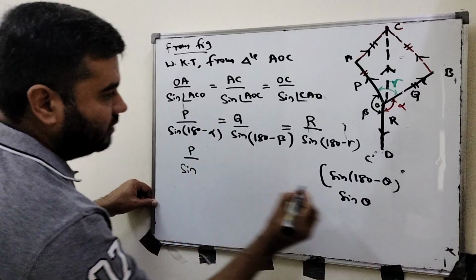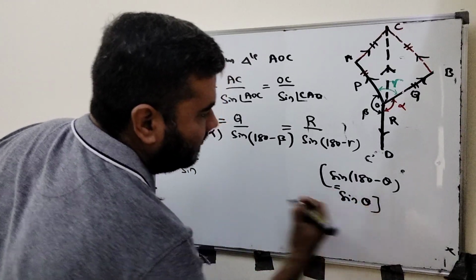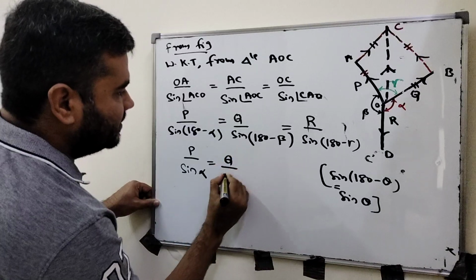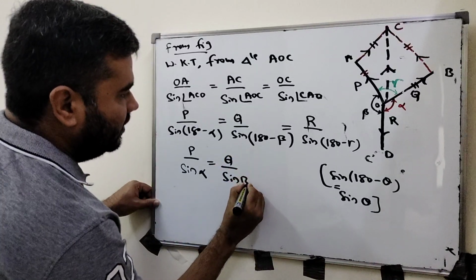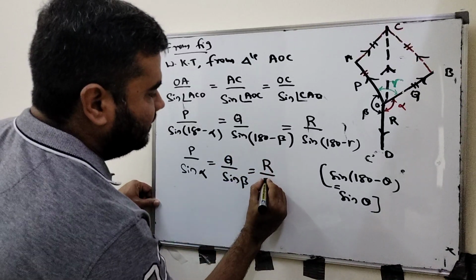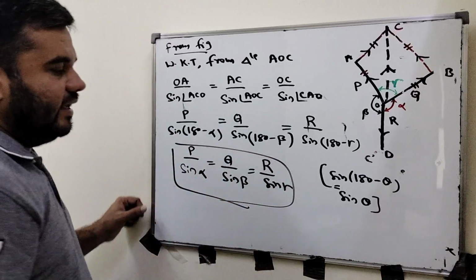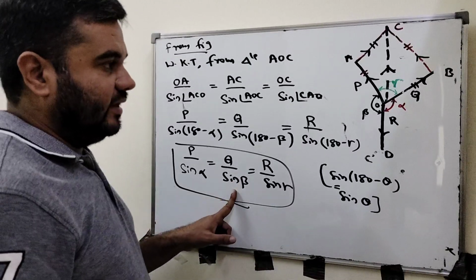Sine of alpha, equal to Q divided by sine of beta, equal to R divided by sine of gamma. This is how Lami's theorem is derived.